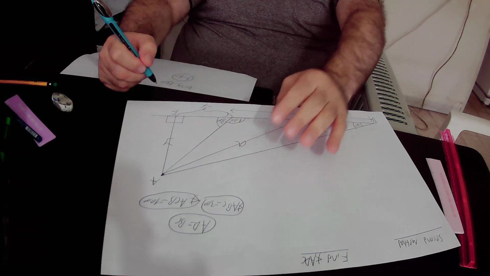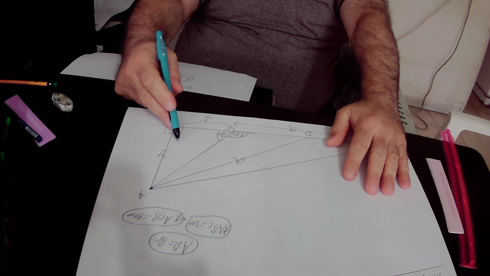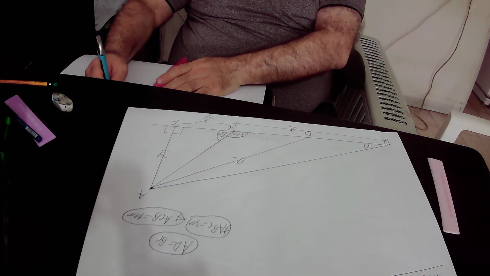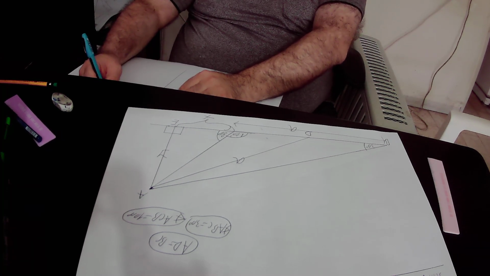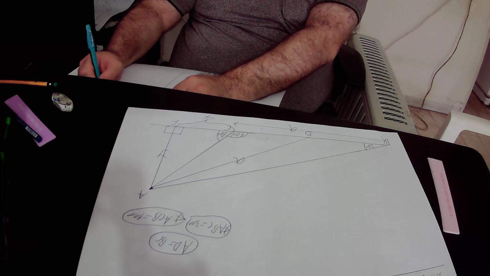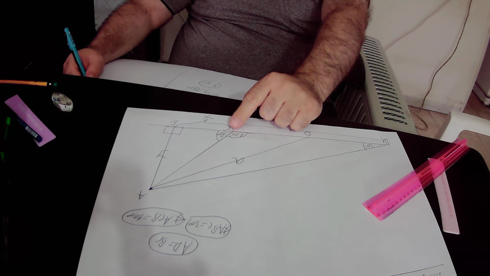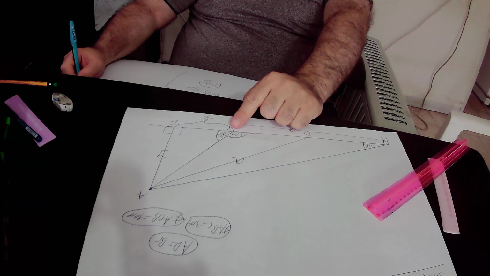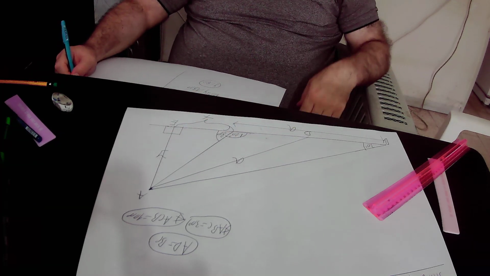In the next step, we will focus on the right triangle, triangle ACE. In the right triangle ACE, we know that tangent 80 degrees will be equal to AE over CE.